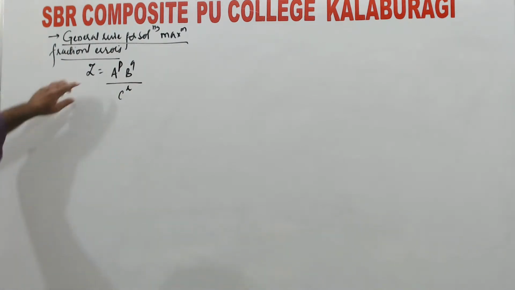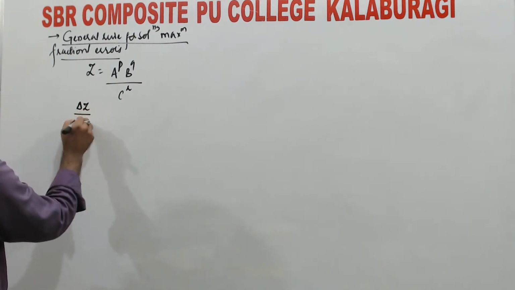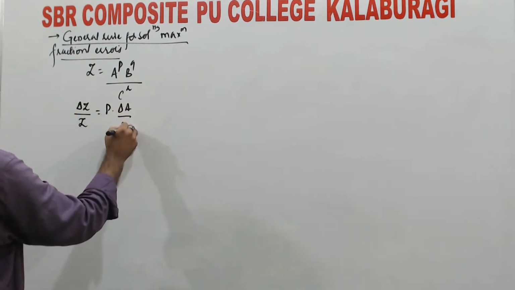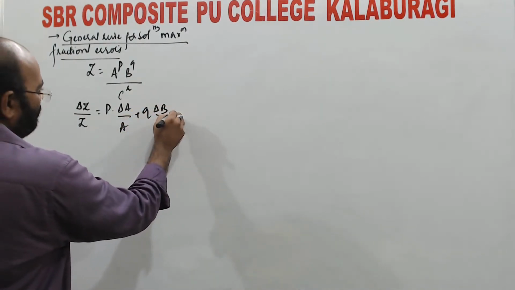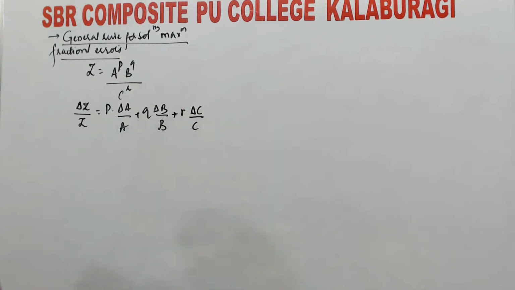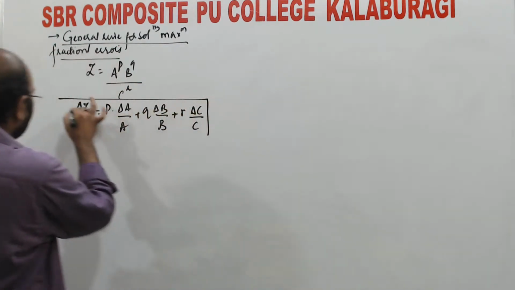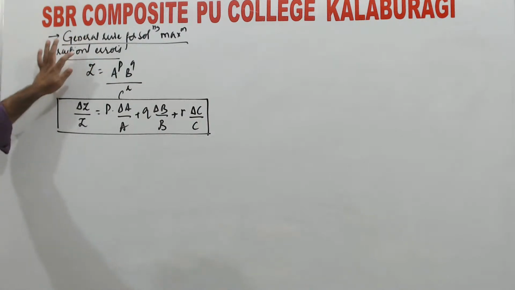The error associated with this is delta Z by Z, which equals p into delta A by A plus q into delta B by B plus r into delta C by C. This is for maximum errors, the maximum fractional errors associated with the powers.